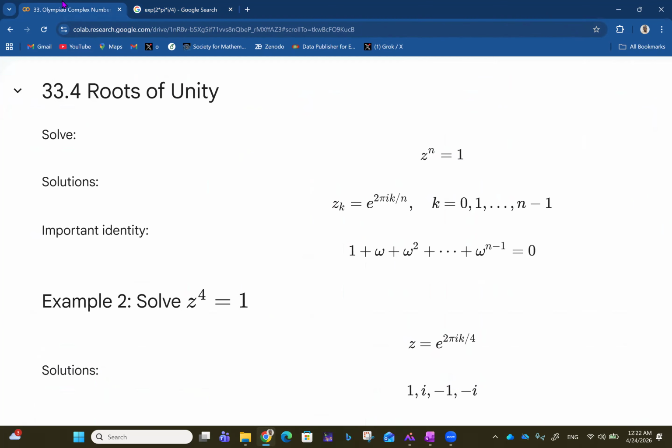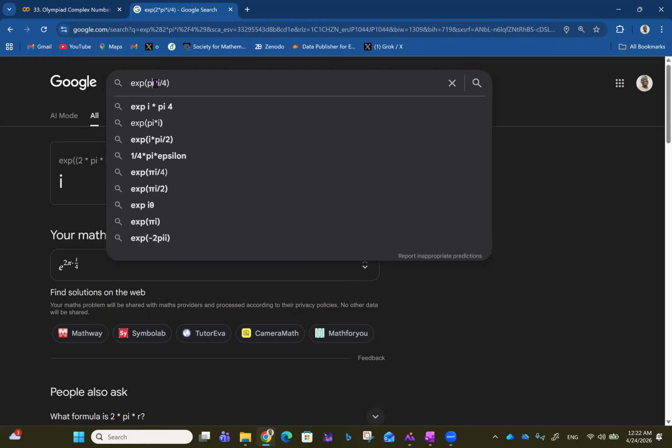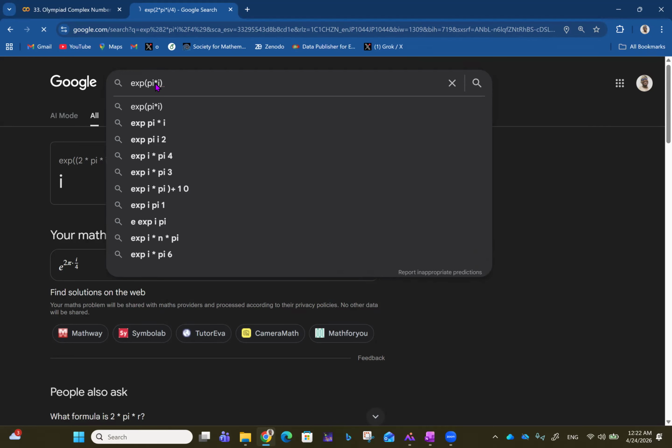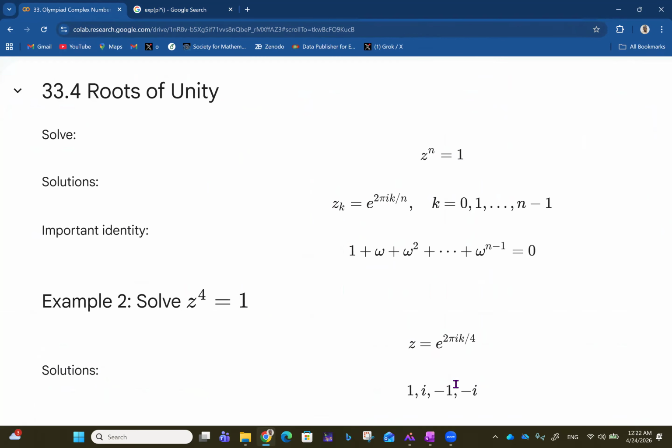That gives I. And that is why we have this I. So you put 0, e raised to 0 is 1. You put 1, you have 2 pi I over 4. You put 2, that's 4 up here, so 4 cancels 4, and you have e raised to pi I. That gives minus 1, and that is why this one is minus 1 here.